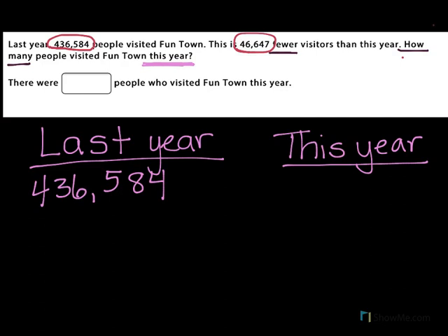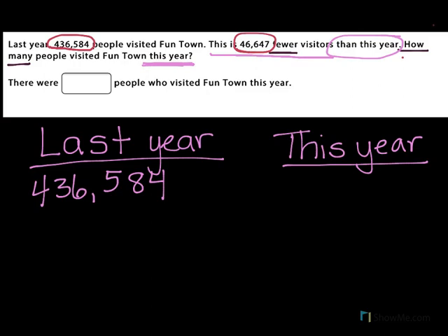Okay, so we know that the last year number is 46,647 fewer than this year. Fewer means subtract.